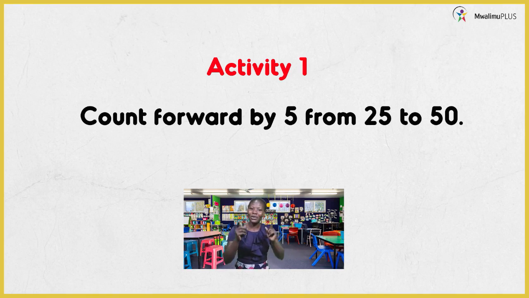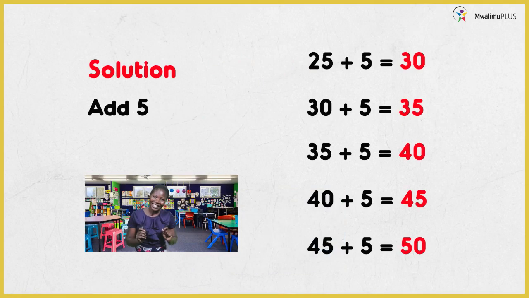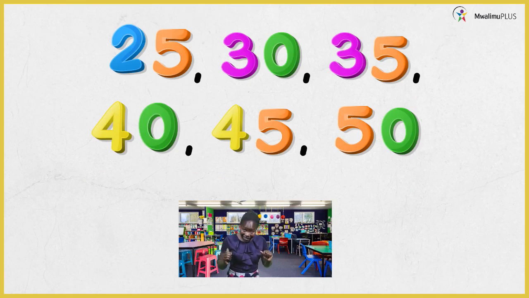So, the numbers should look like that. Check the screen. That is counting forward by 5. When you check the numbers that are in red, they are increasing. Remember we had 25. So we added 5. We got 30. 30 plus 5, we got 35. Like that. Therefore, counting forward by 5 from 25 to 50, the numbers are 25, 30, 35, 40, 45, 50. As simple as that. Wow!